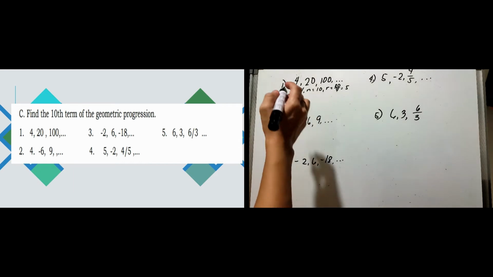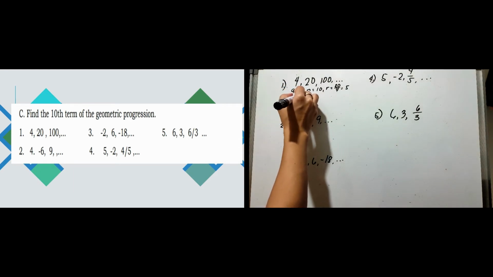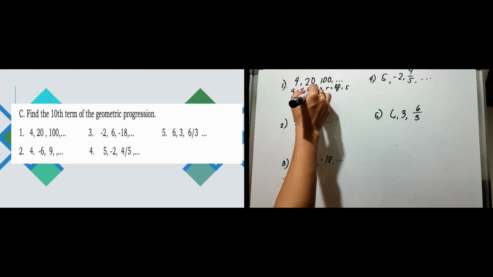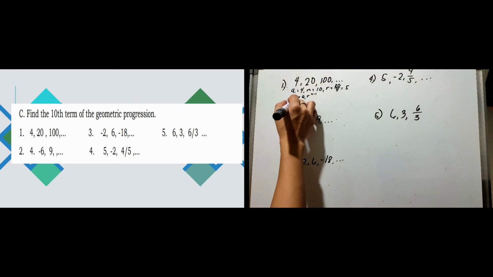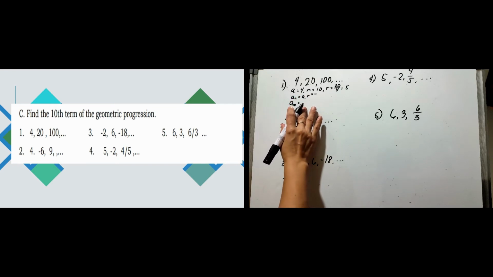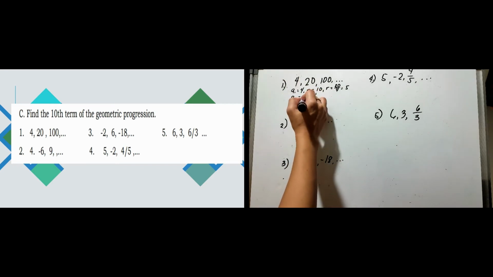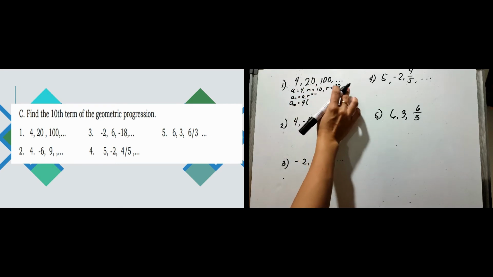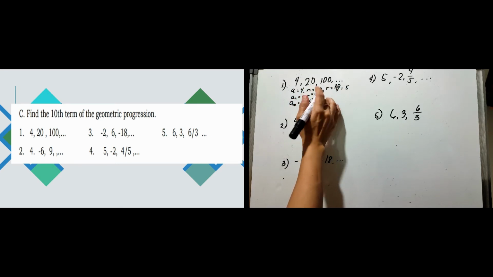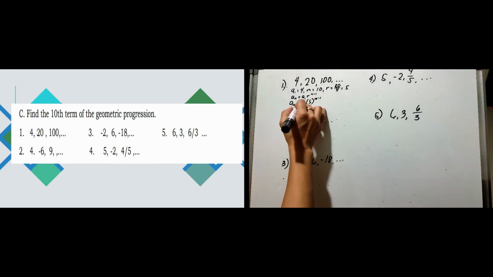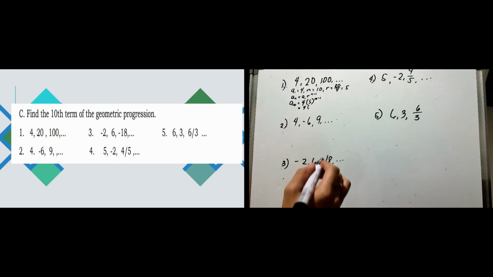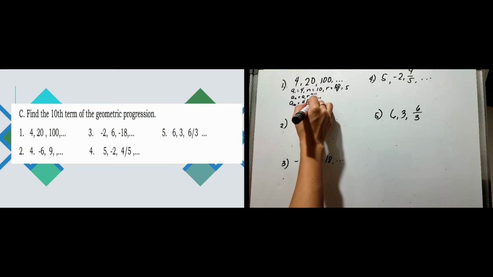So let's have the formula: a sub n equals a sub 1 times the common ratio raised to the number of terms minus 1. So we're going to have a sub 10. Your first term is 4 times the common ratio, that is 5, raised to the number of terms, 10 minus 1, which is 9.